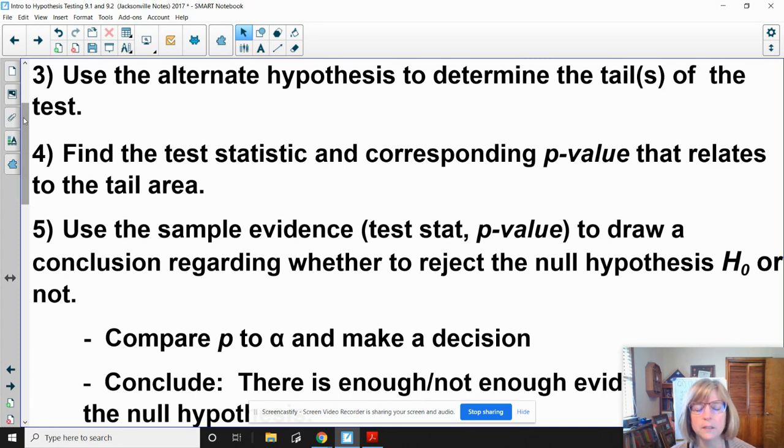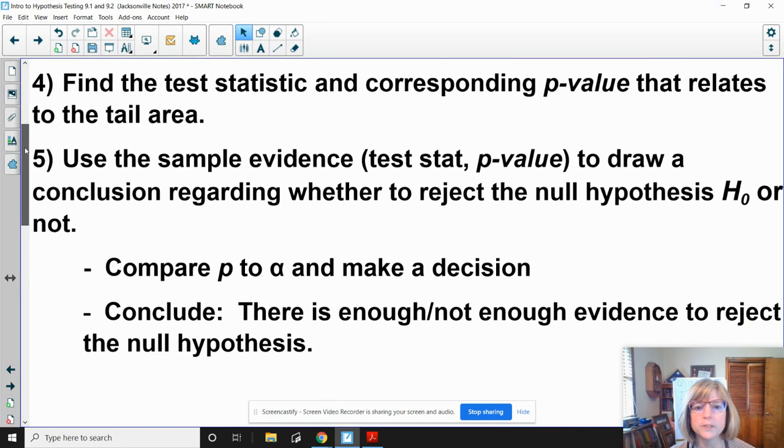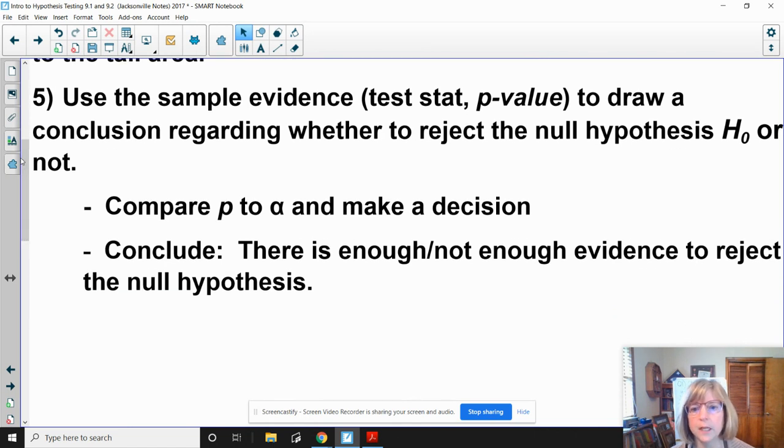Find the test statistic, so calculate your z or t-score, and then the corresponding p-value that relates to that test statistic. We'll use our sample evidence, that is our test stat with its p-value, to draw a conclusion regarding whether to reject or fail to reject the null hypothesis.